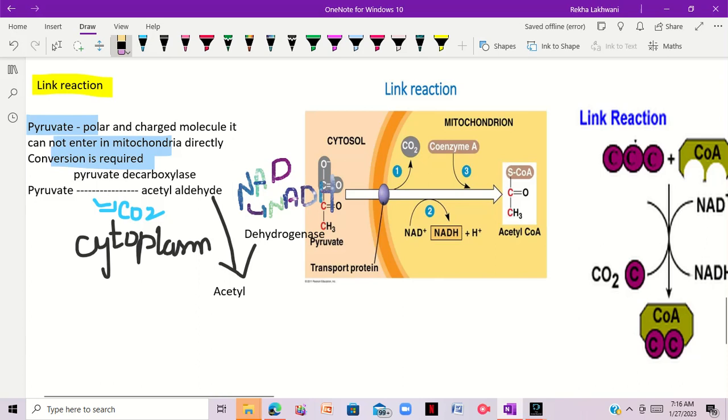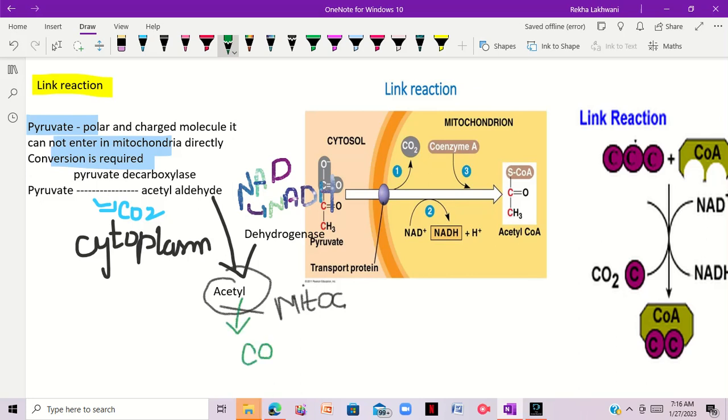This acetyl will move to mitochondria, and there it will attach to coenzyme A, right?